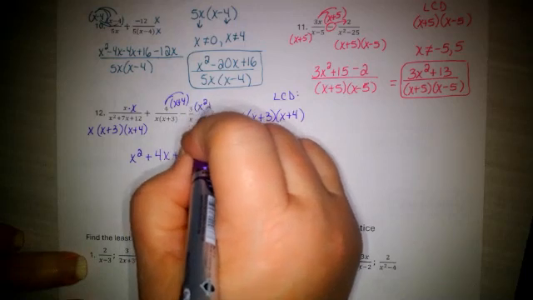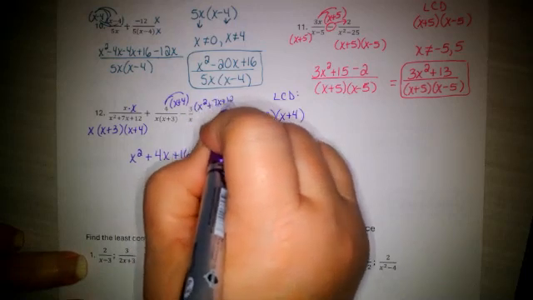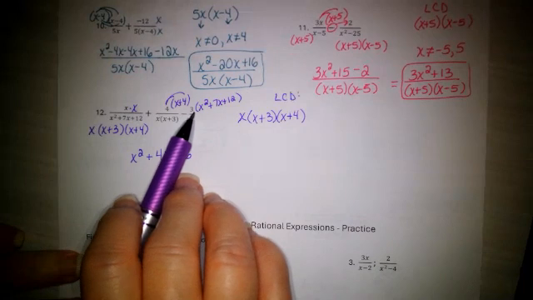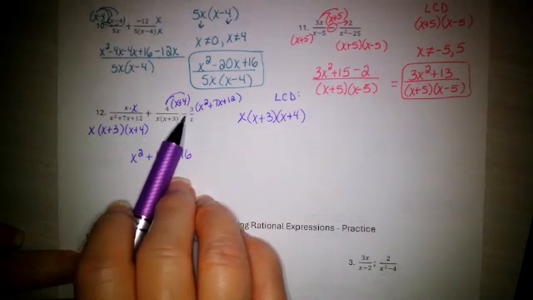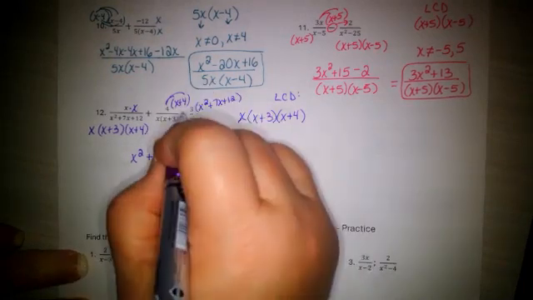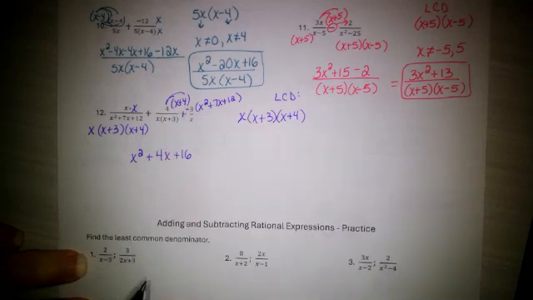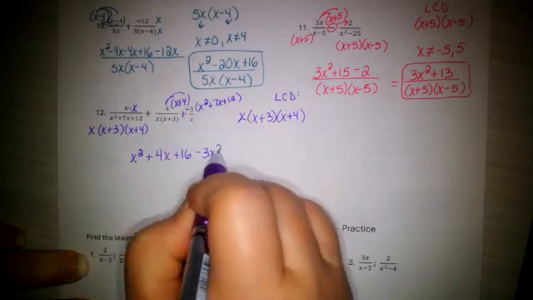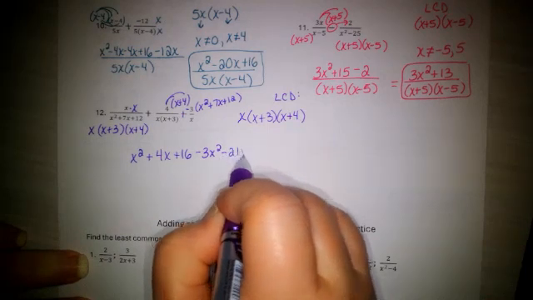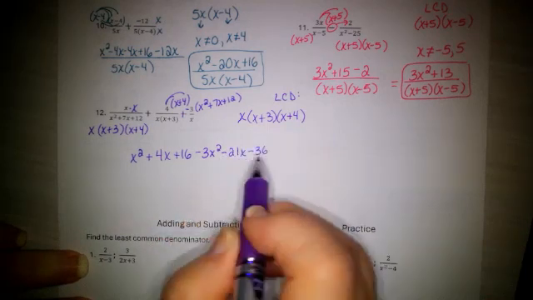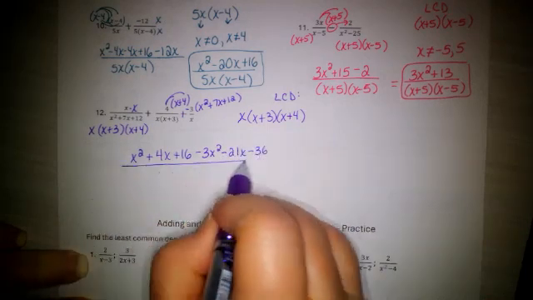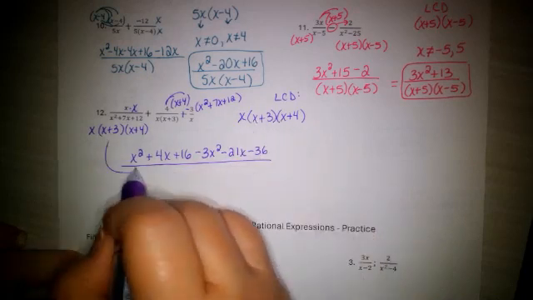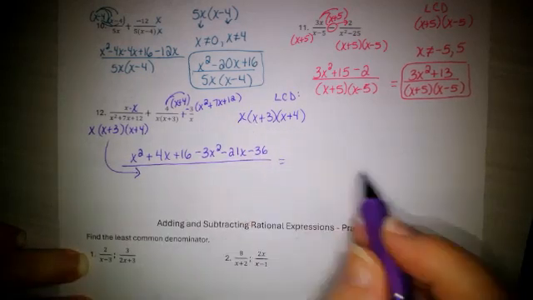So I'm going to go ahead and multiply that together so that I can distribute my 3. Now, I'm not just distributing a 3. It's a subtraction. I'm distributing a negative 3. So here goes. Negative 3x squared minus 21x minus 36 all over, I'm just going to draw an arrow, my common denominator. We'll write it out in the next step.